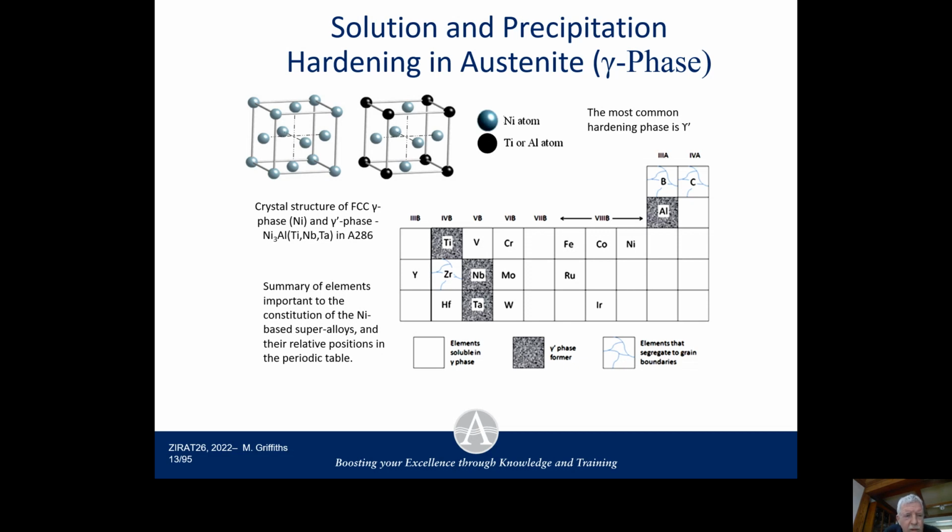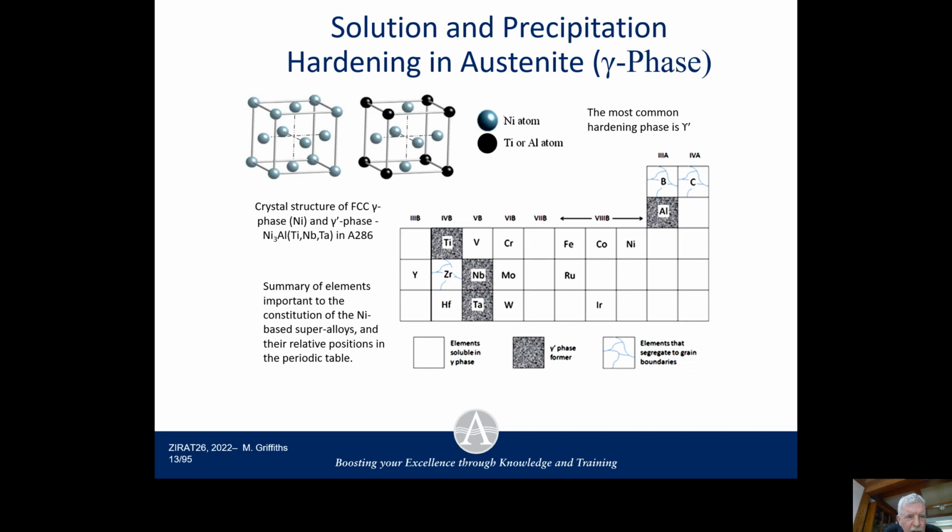It's useful to understand what the main aspect of the hardening effect in A286 is. And basically, maybe 60, 70% of the strength of precipitation hardened alloys comes from the formation of precipitates, in this case, ordered gamma prime precipitates.